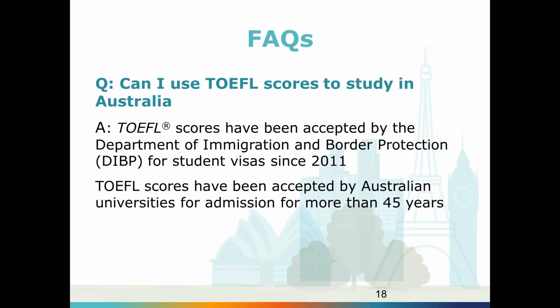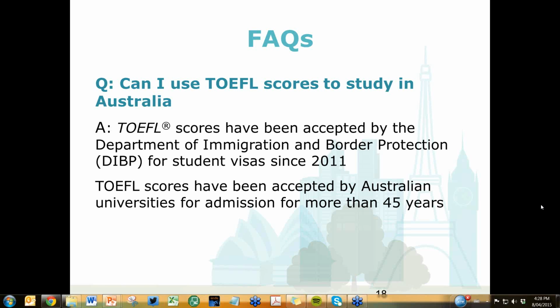Just moving to some frequently asked questions. Again, with students, some of them may not be aware that they can use TOEFL scores to study in Australia. As the answer says there, TOEFL scores are accepted by immigration for student visas, and they have been accepted by universities.